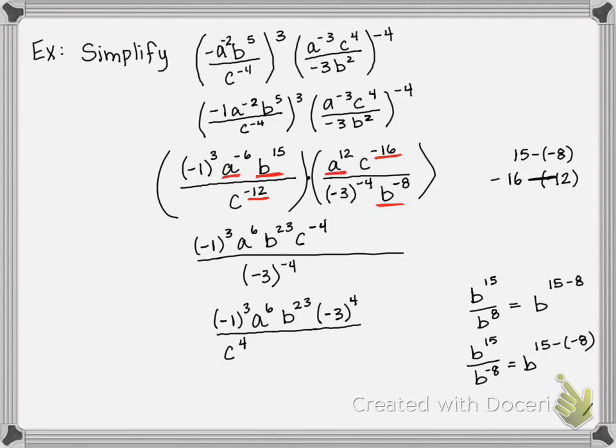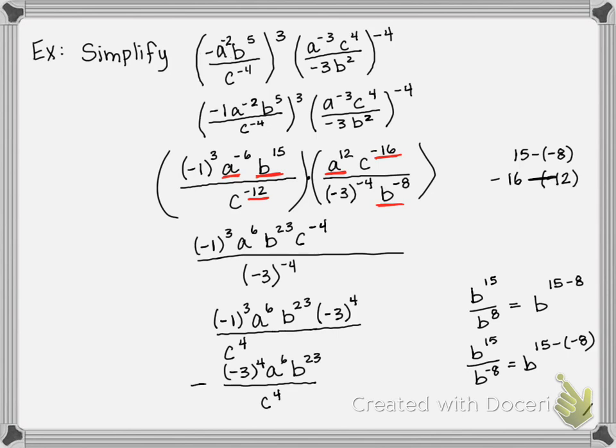What is negative 1 to the positive 3rd power? It is negative 1, right? So we're going to write this as negative. The only time I care about you thinking about what we just said is if the base is negative 1.